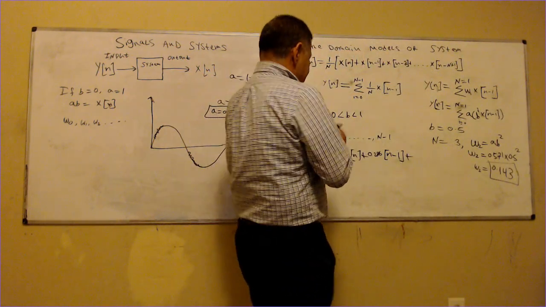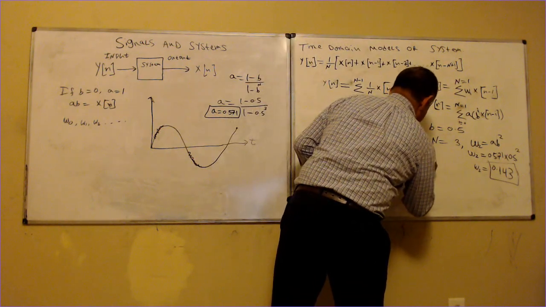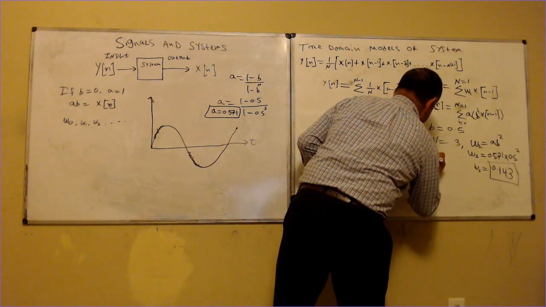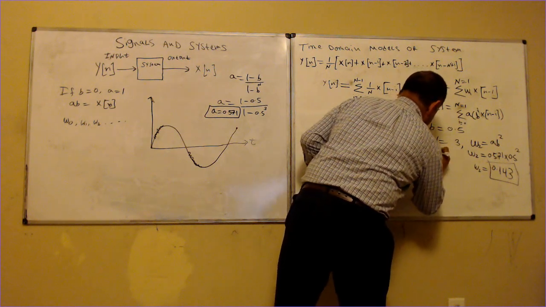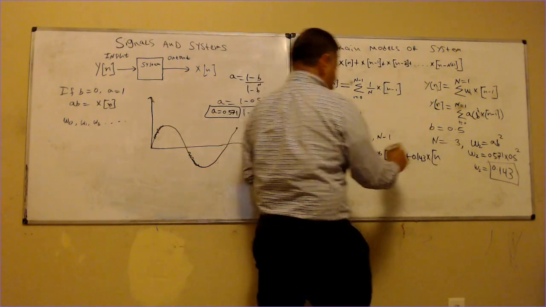Now I take that value, and I do 0.43 x, and it's going to be n, but now it's going to be a minus 2.